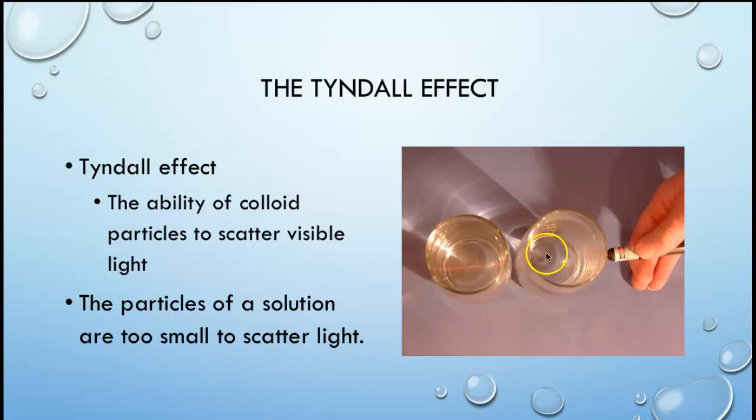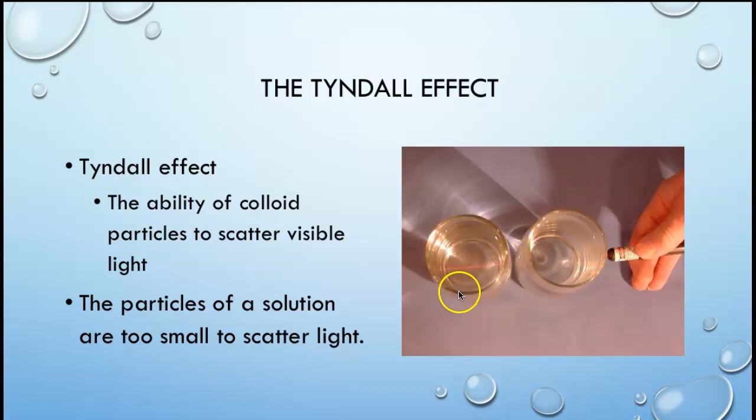So this is looking down on these beakers. The beaker on the right contains a solution. And notice that as the laser is pointed and goes through the solution, you can't see the laser. The beaker on the left is a colloid. The light is visible going through the colloid.